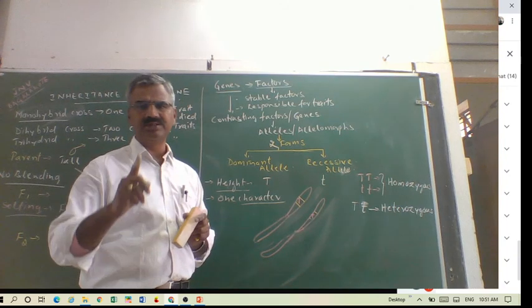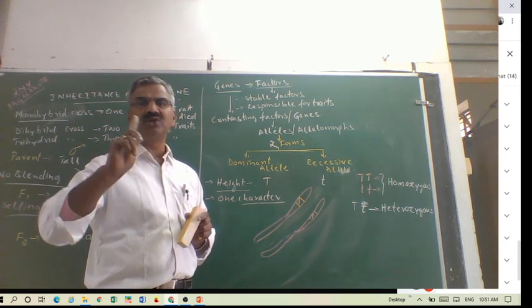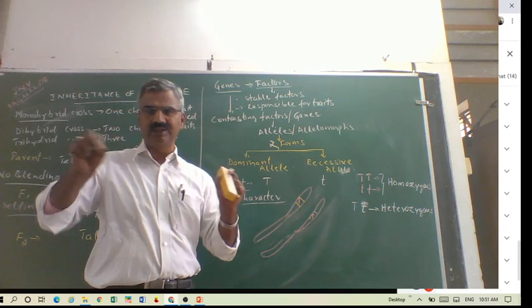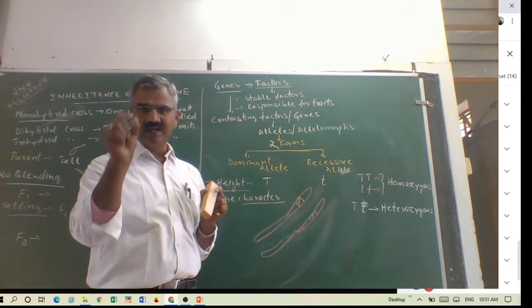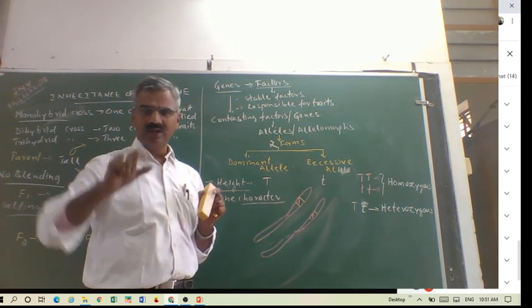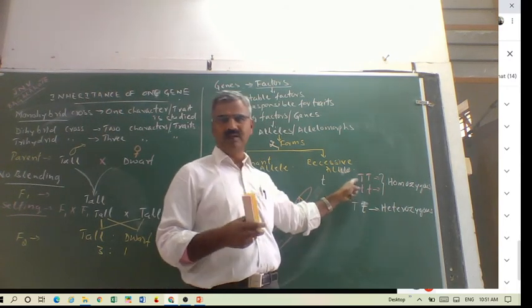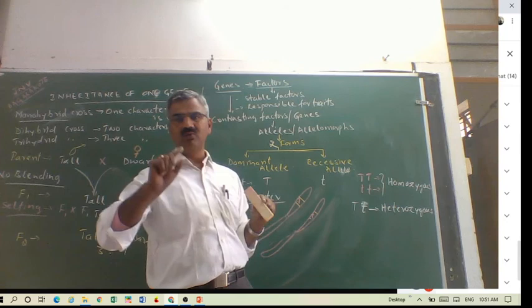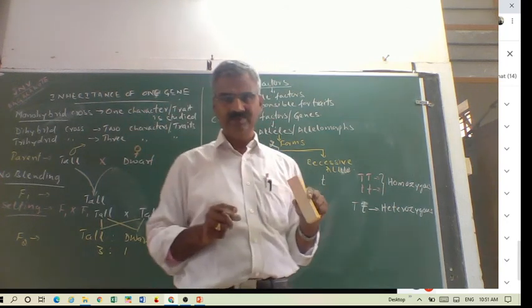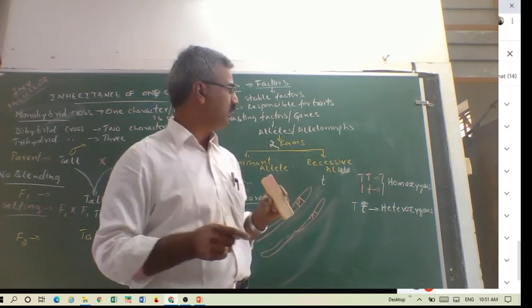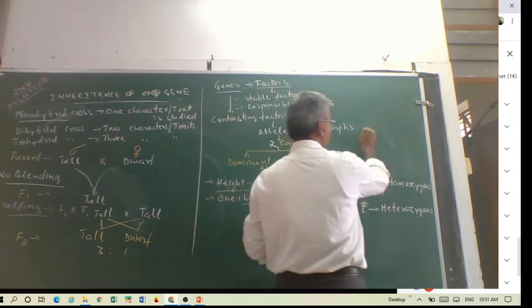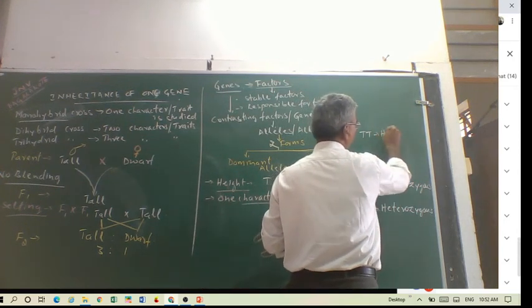That's why it is said to be homozygous dominant. Basically, again, what is homozygous? Now, based on the type of allele, if both the alleles are dominant, we call it homozygous dominant. Capital T is homozygous dominant.